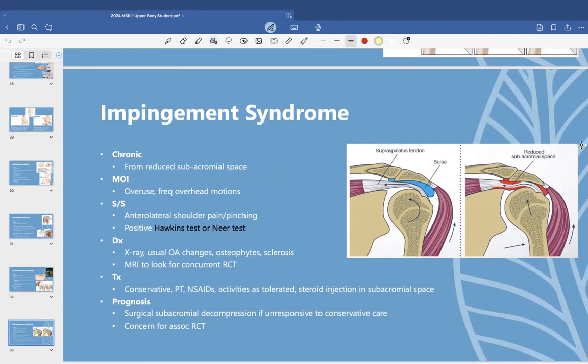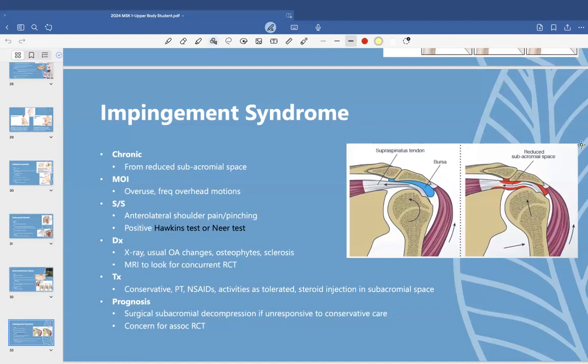Arthritis, osteoarthritis, wear and tear. Typically, arthritis is here, the articular surface, but there are 2 bones close to each other that can cause it. So impingement, it's just there's not enough space there.